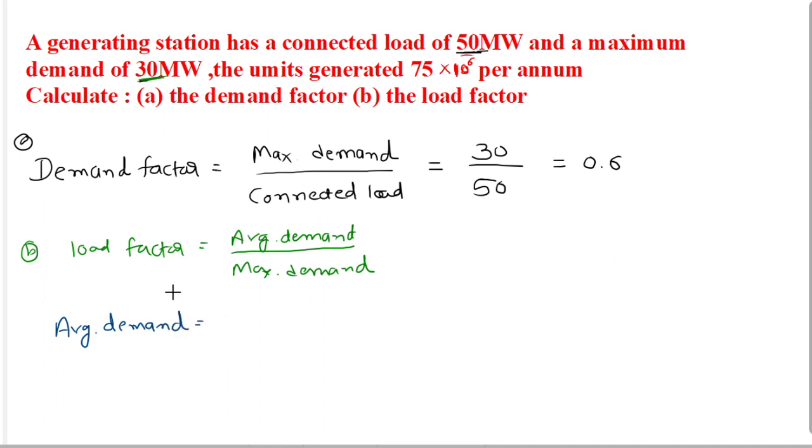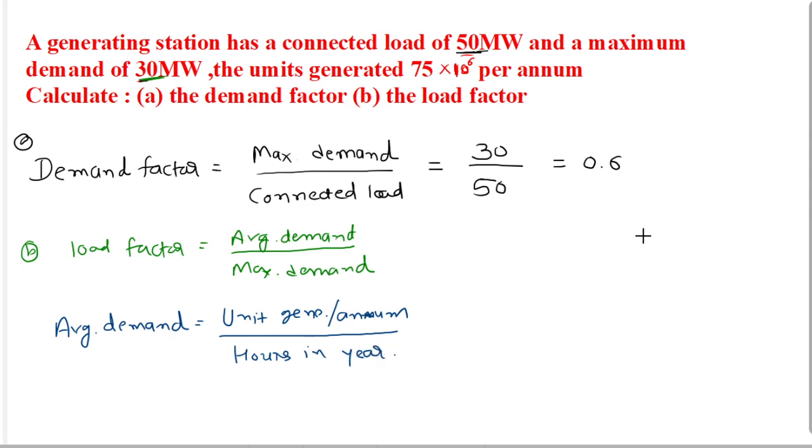We are given units generated, 75 multiplied by 10 raised to 6 per annum. So we can find average demand is equal to units generated per annum upon total hours in a year.